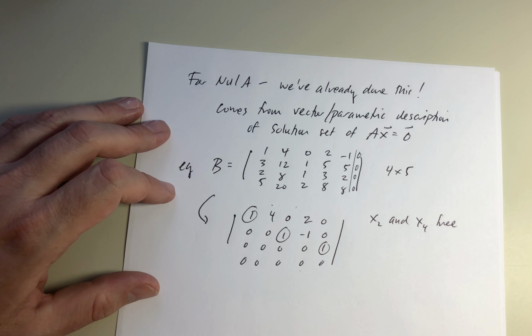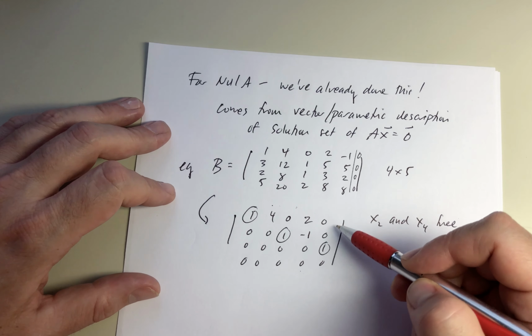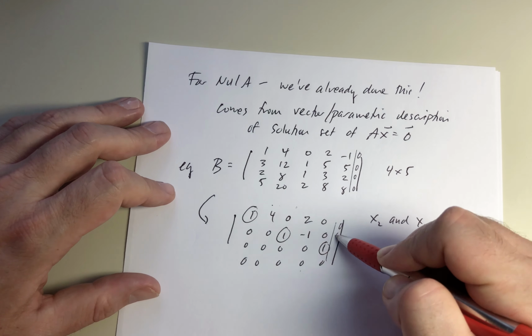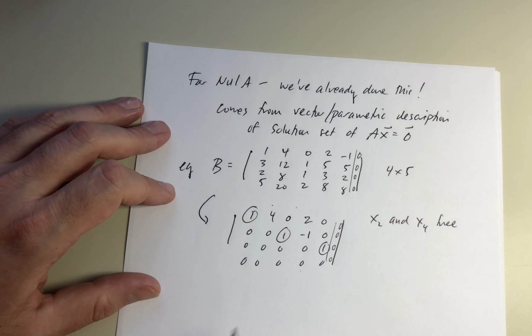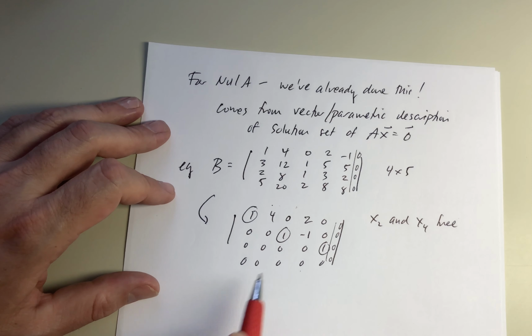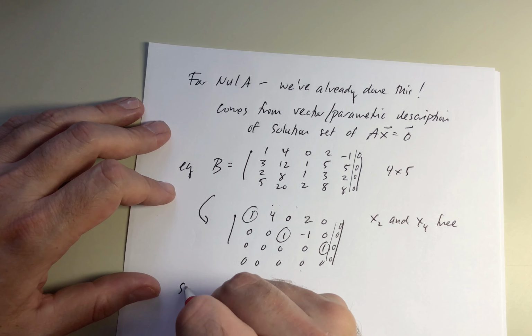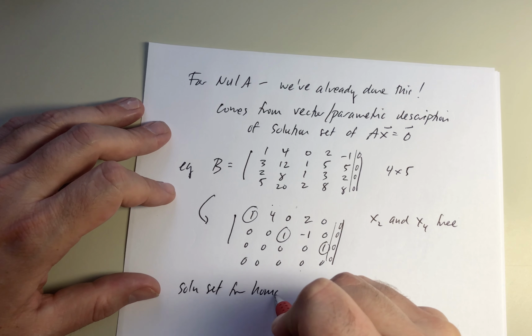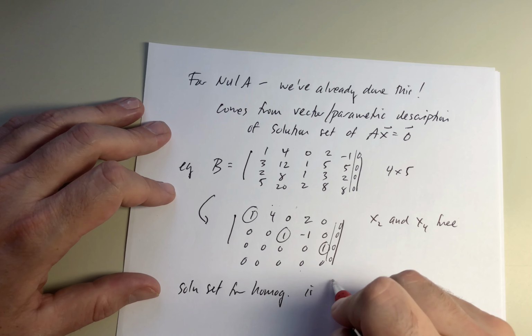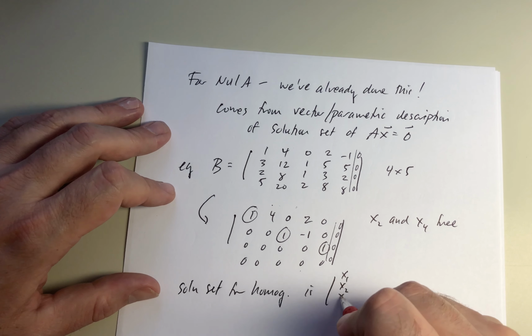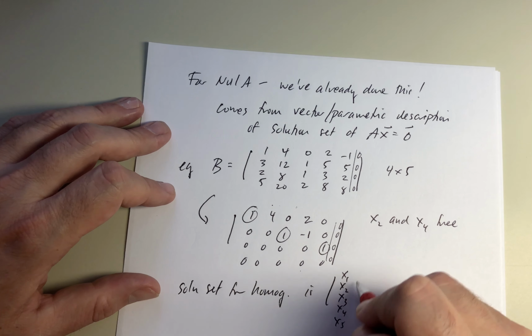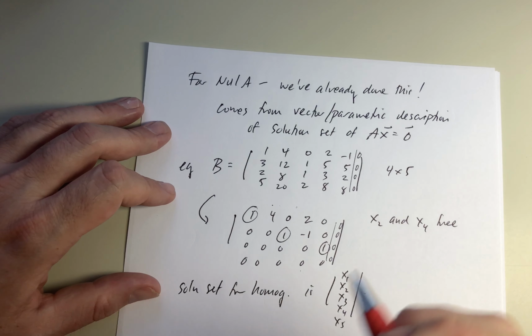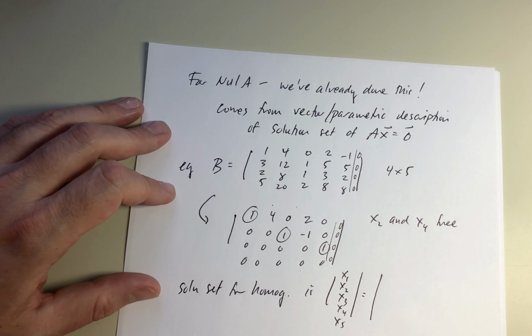So the solution set of the homogeneous, we have that secret column of zeros here, so maybe I'll put that in there. And when we want to write the parametric description, we do the usual thing. Remember there's 5 variables. Let's see, can we do this skipping some steps?